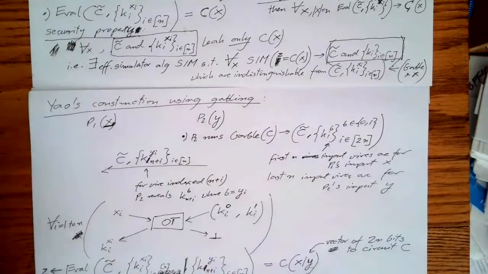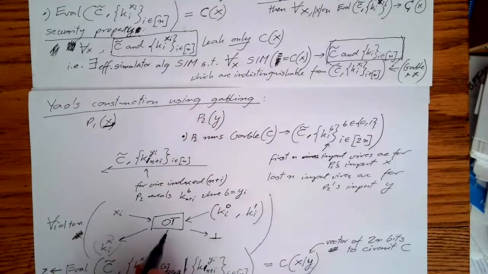Now, what about P1? What did he learn? Well, he just really learned the stuff and this stuff. So the inputs that he gets here are the only things he learns, right? By OT security, he learns only the bits corresponding to Xi.